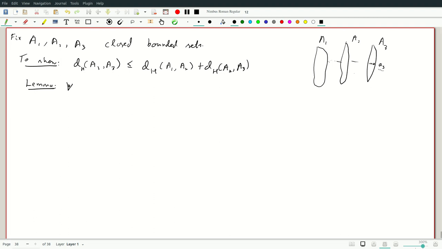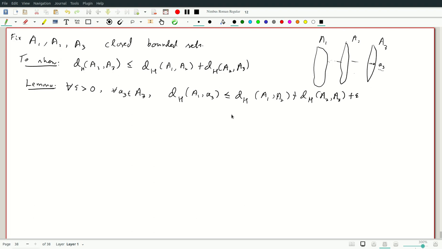So instead of showing the inequality, we say: for all epsilon greater than 0 and for all a3 in A3, the distance of A1 and the point a3 is less than or equal to the Hausdorff distance of A1 and A2 plus the Hausdorff distance of A2 and A3 plus epsilon.